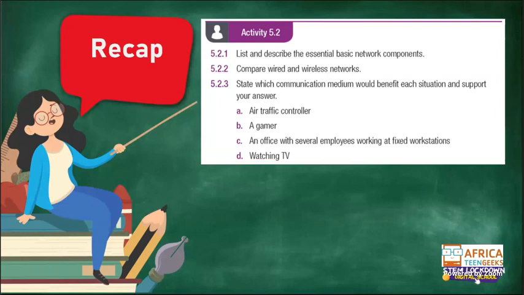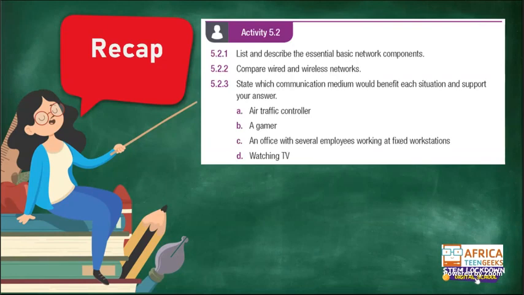Wireless can also work, you can get marks there as well for wireless. But remember, there has to be a wired connection, and then from there it can be wireless. Then an office with several employees working at fixed workstations. Just to check the word fixed.